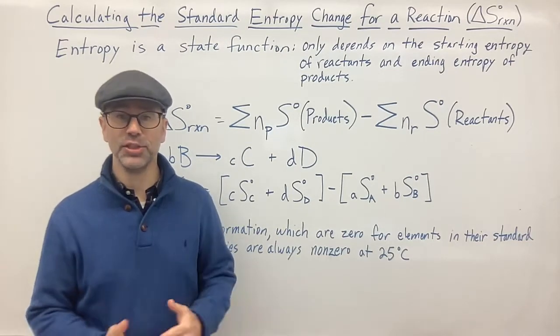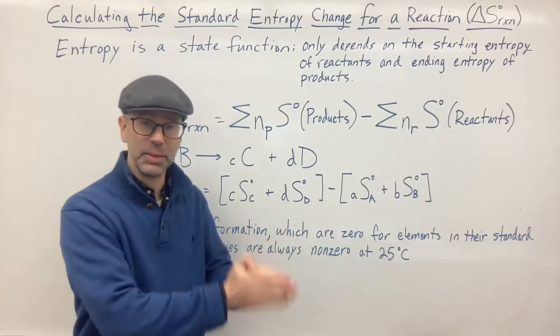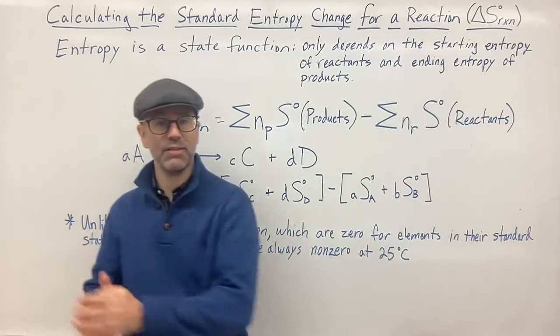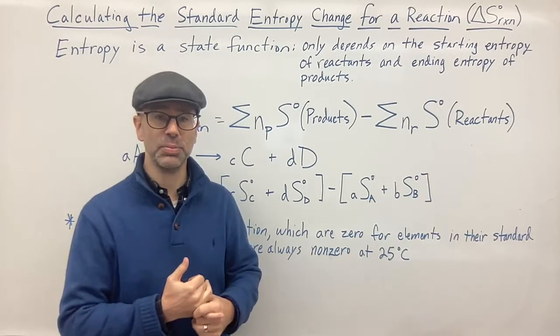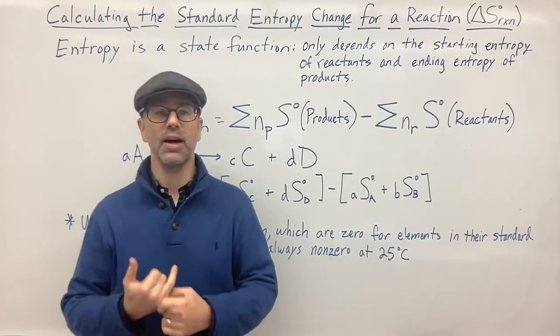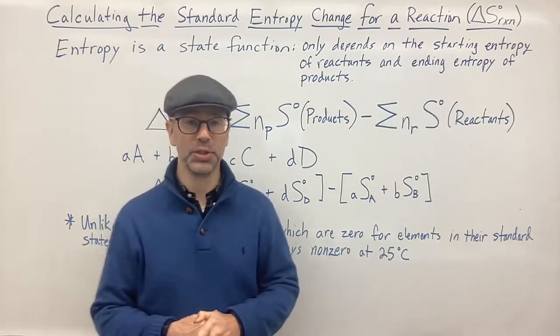It's a state function, so it's only going to depend on the amount of entropy I had in the beginning and the amount of entropy I have at the end of the reaction, right? So it's only going to depend on the starting entropy of my reactants and the ending entropy of my products. And so this breaks down into a really simple equation.